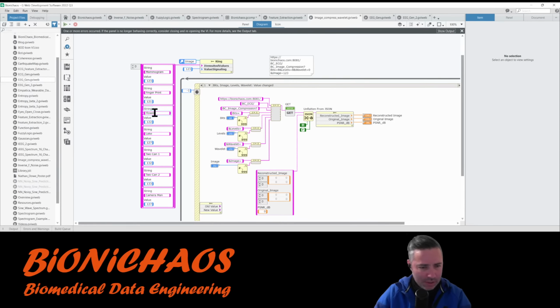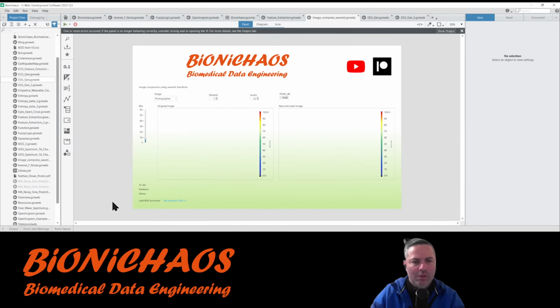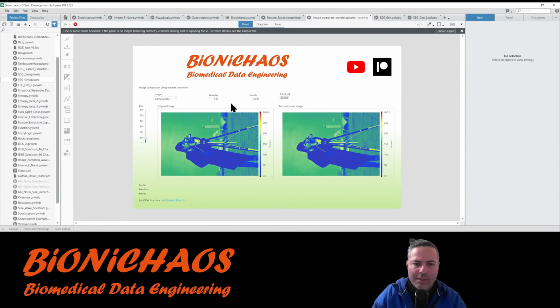Fingerprint 121 or 122. Lake 127. 132, 133. This one 134. Right, now it's working.